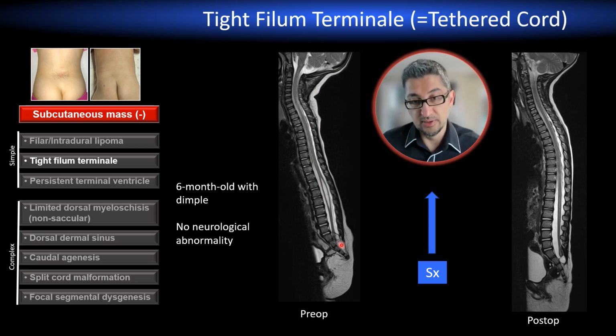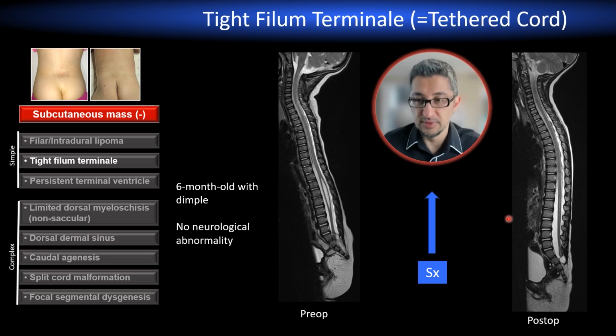There is a low-lying cord and it is attached to a small lipoma, and there are no neurological abnormalities in this patient. But this patient had a syrinx cavity, and therefore the surgeons decided to do the surgery, and after the surgery there was resolution of the syrinx cavity.